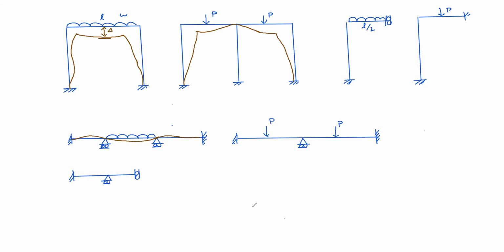Here, because the pattern is like this, obviously here you will get a fixed one. Okay, like this. If you have some internal hinge like that, then you will get a free support. Okay.